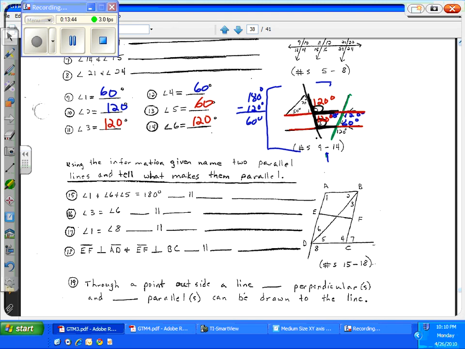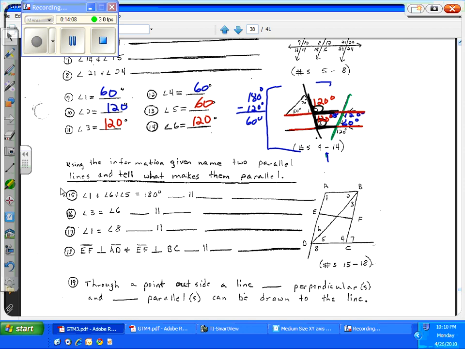So we're using the fact that if two lines are parallel, then alternate interior angles are equal, corresponding angles are equal, same side interior angles are supplementary, vertical angles are equal, the sum of the angles of a triangle is 180, and an exterior angle is equal to the sum of its two remote interior angles.